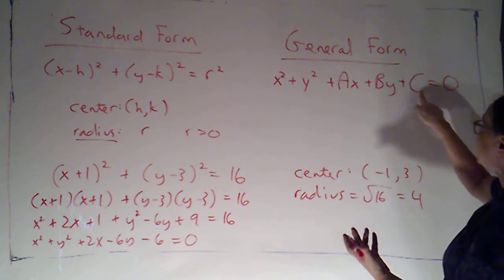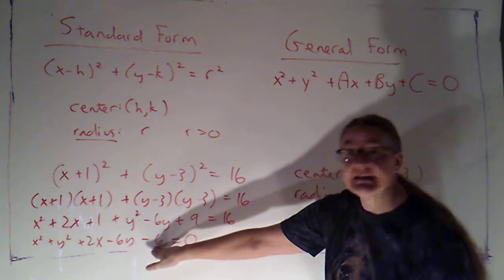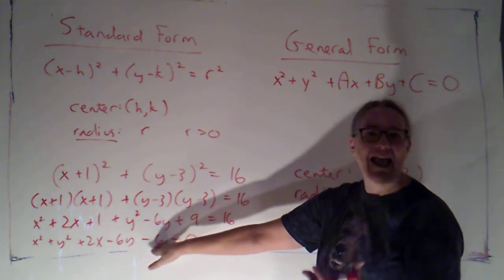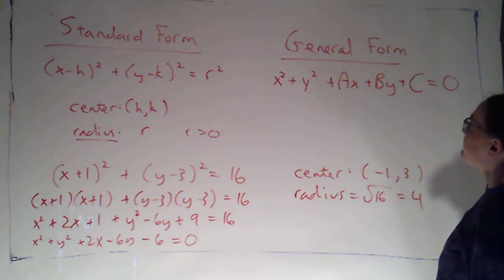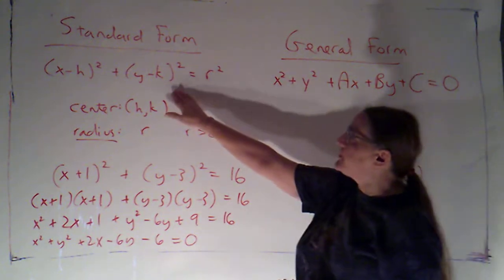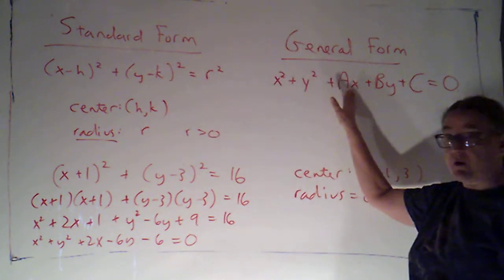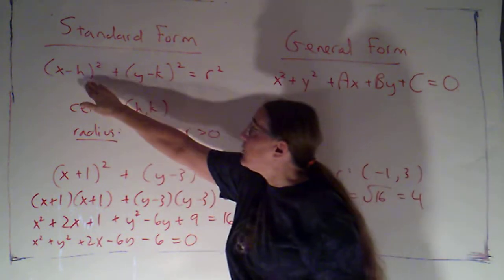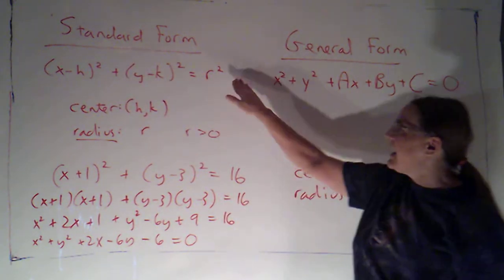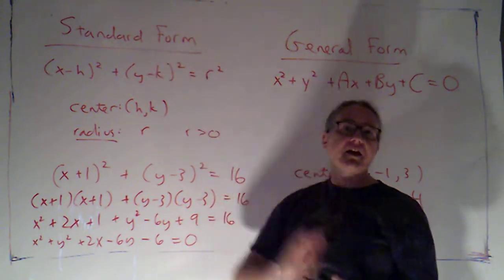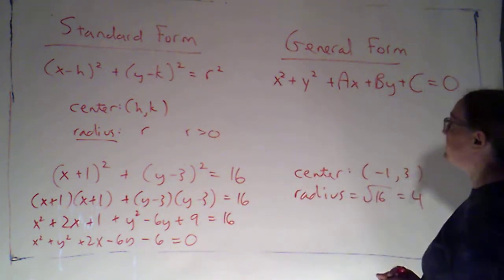So I wrote plus c. Here I'm looking at c as being −6. So adding −6 is the same as subtracting 6. So you can see how we would go from standard form to general form: just FOIL out the (x − h)² and the (y − k)² and move the constant over to the other side so that you're setting it equal to 0.